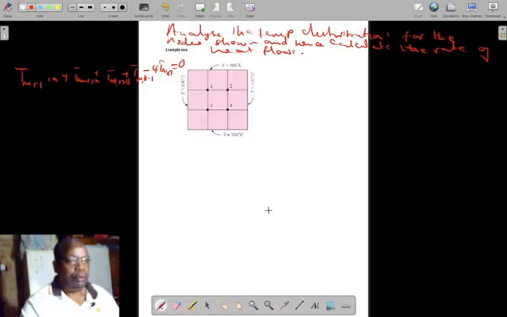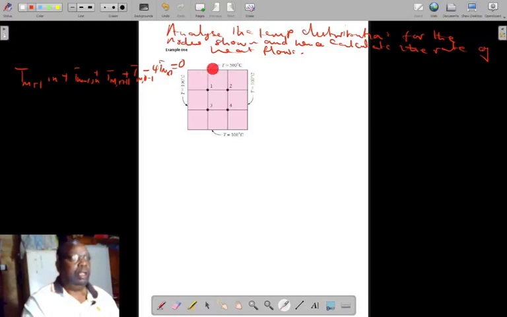Let us have a look at an example of a plate that has been divided into elements as shown, or a mesh, and we have 1, 2, 3, 4 nodes.